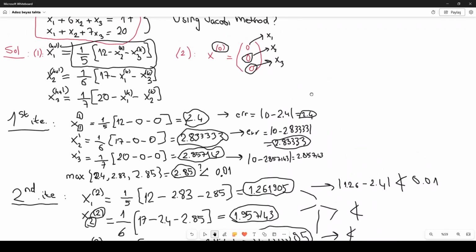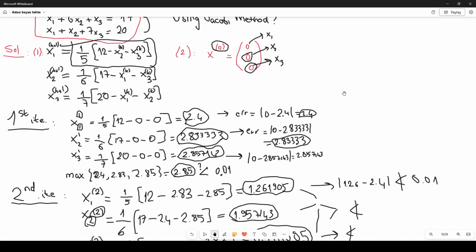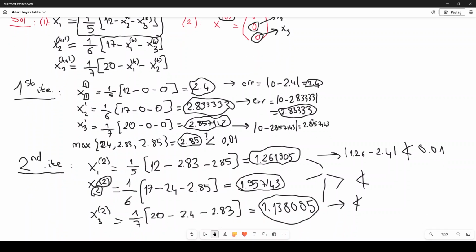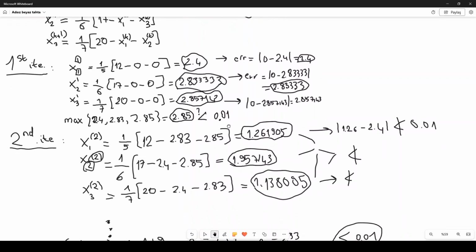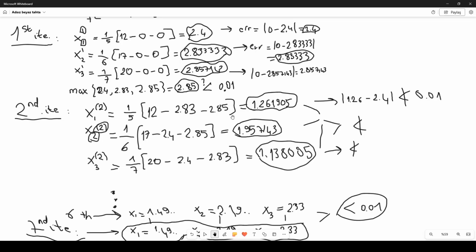We take the absolute value of the differences of these two values of each unknown variable among the two successive iterations and pick the maximum of them and see whether or not we are below the error tolerance. You can select an error tolerance as you want. So in this example, I prefer to have an error tolerance of 1/100. Unless we satisfy this error tolerance condition, we keep repeating this process.